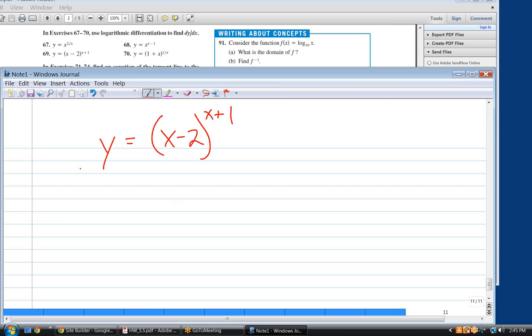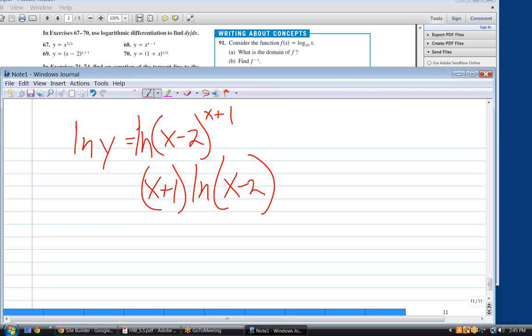So then it wants us to take the natural log of each side again, so we can pull that x plus 1 down in front. And then take the implicit differentiation. So we have 1 over y, 1 over y prime, equals x plus 1 times 1 over x minus 2.